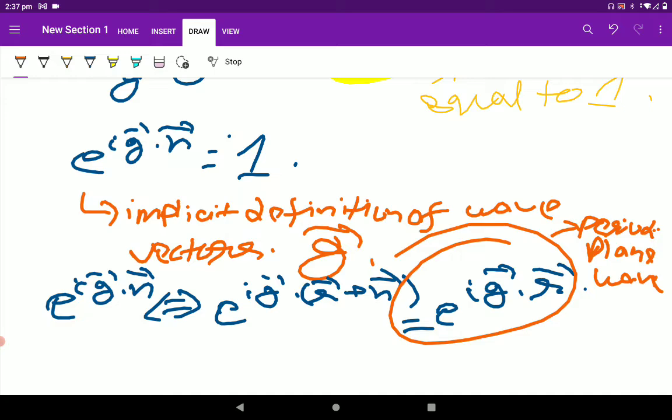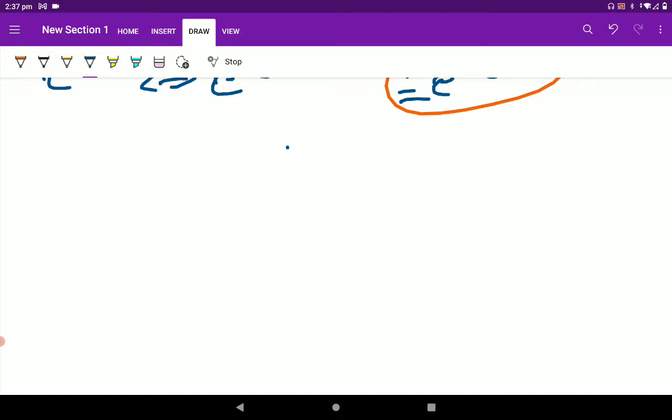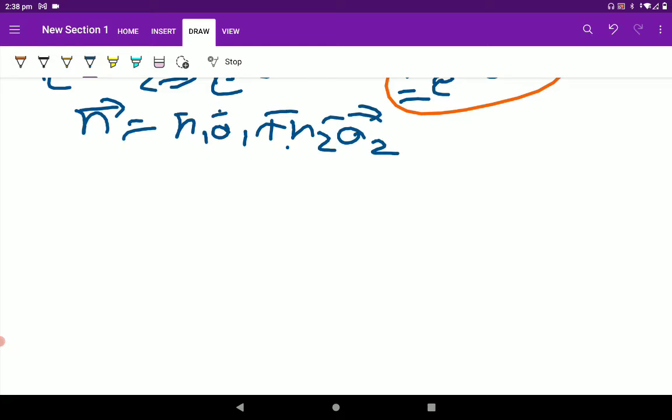Here n is the combination of the primitive vectors of the Bravais lattice. So if we change the Bravais lattice, we also change the reciprocal space vector, that is G. In that lattice, it is n1 a1 plus n2 a2, as we have seen in the first lecture. So in that lattice, the indices are n1, n2, and n3.